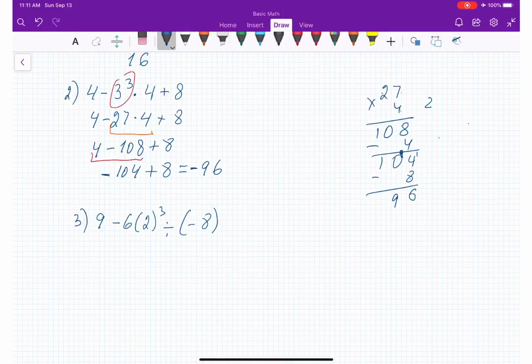Okay, first operation, we're going to do this cube, right? It's going to be 9 minus 6 times 2 to power 3, which is 8, 2 times 2 times 2, and divided by negative 8.